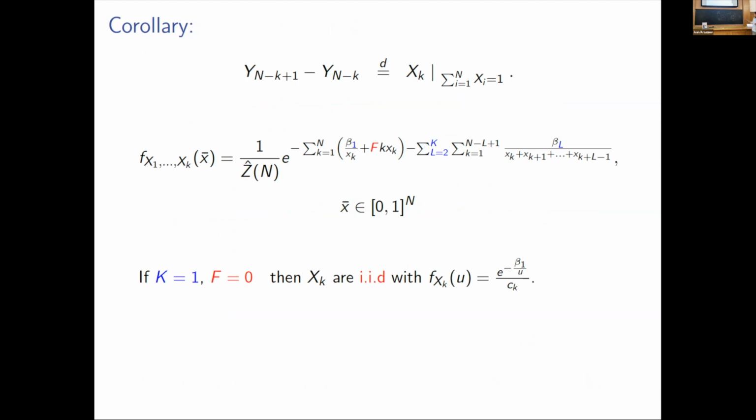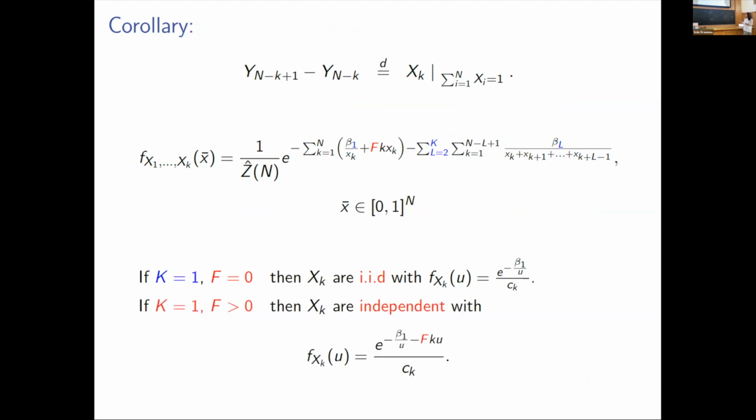If k is 1 and f is 0, then this term doesn't depend on k except this X_k, but the form is the same, so then the X_k's are IID with this density. If k is 1 but f is positive, f being the external force, then the X_k's are independent but not identically distributed, and that's their density.